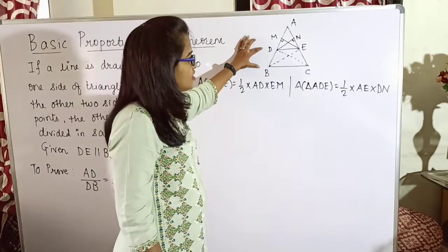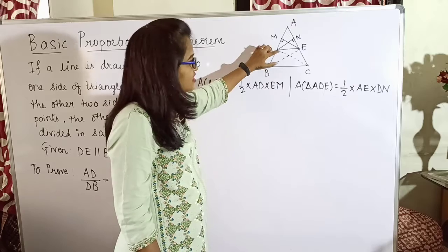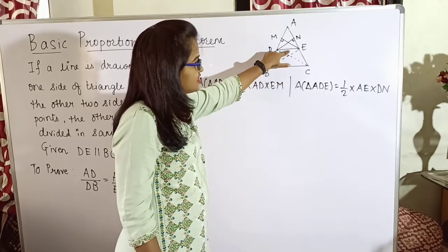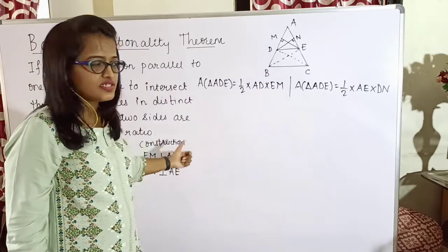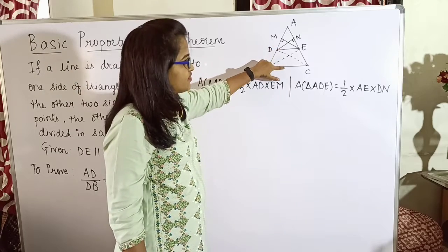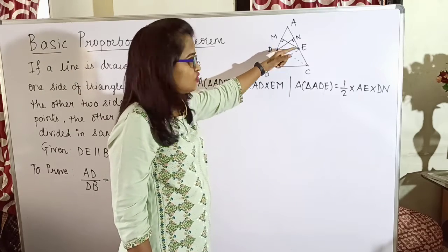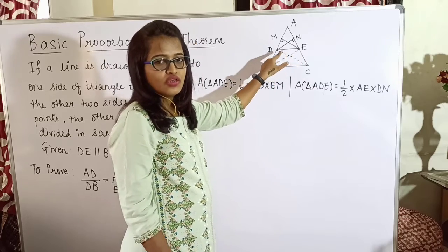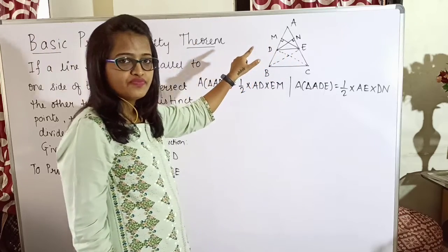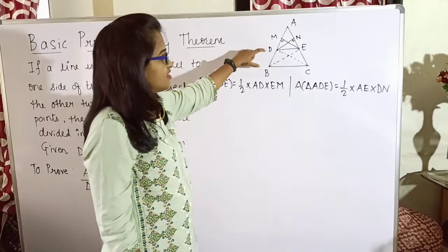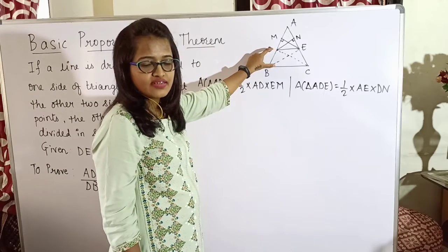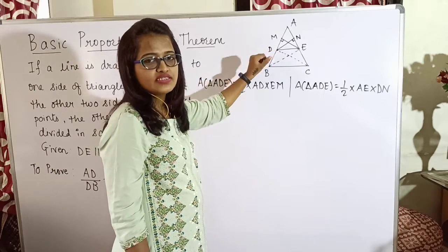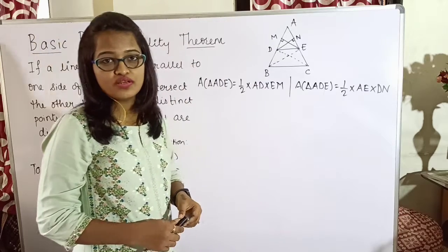As these two triangles are forming between the same parallels, isn't it? DE is parallel to BC. So the two triangles are forming between the same parallels. Also, they are having one common base, that is DE. So according to the theorem, it says if two triangles are lying between the same parallels and having a same base, their areas are equal.